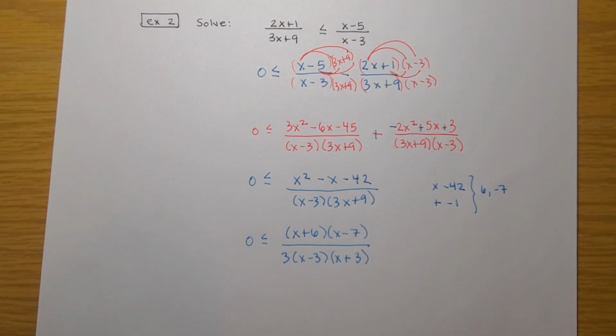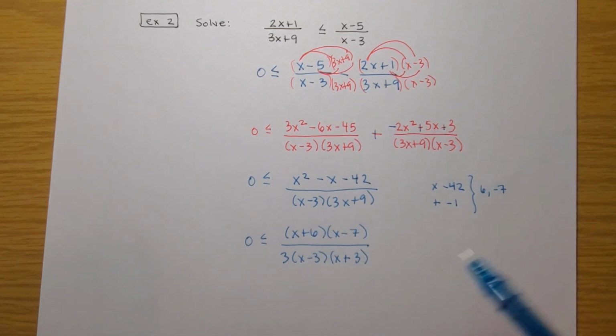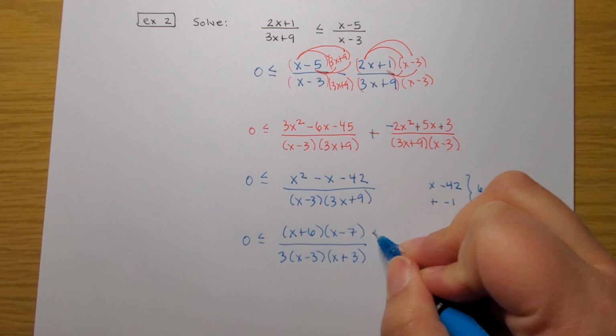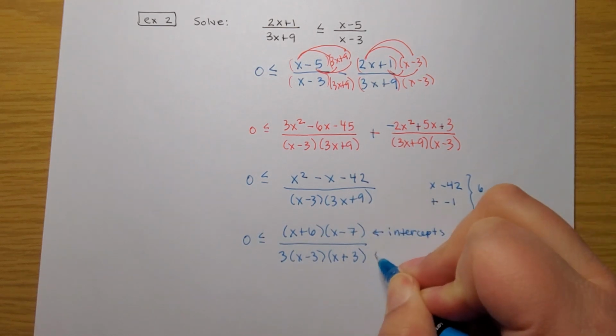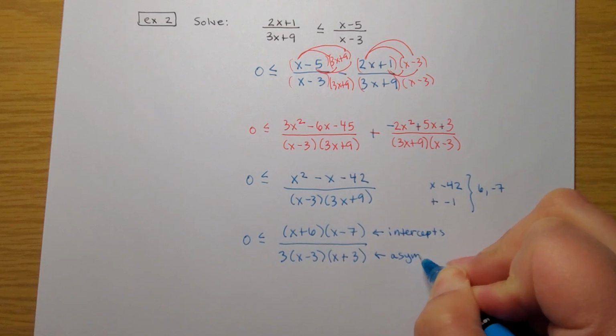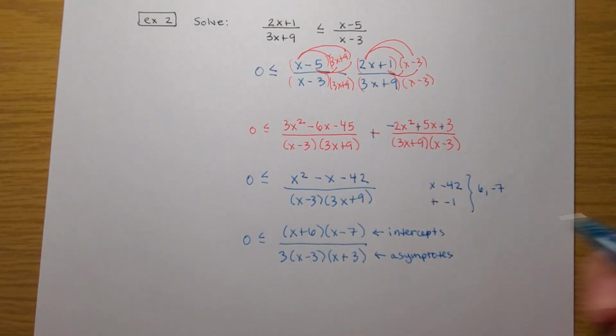So now we are going to create our table of signs, since the top is factored and the bottom is factored. When you create your table of signs, you have to pay attention to intercepts as well as asymptotes. So the top is going to give us intercepts, and the bottom is going to give us vertical asymptotes.